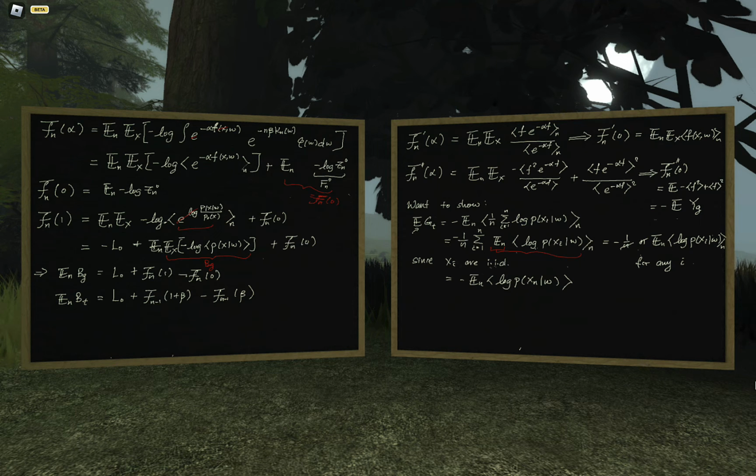All right. So we want to show that this GT is related to the generating function, is equal to L0 plus the first derivative of the generating function at n minus 1, beta, evaluated at beta.